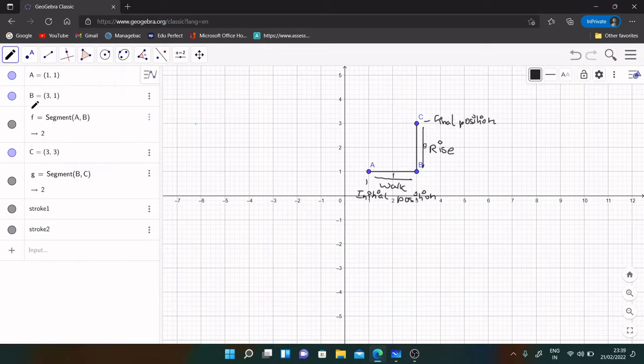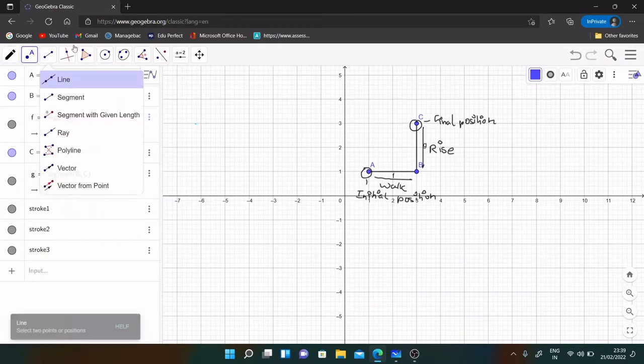What if the next time you want to reach from this starting position to this final position without having to go through this distance? What if you just want to directly go from here to there? You can do that.